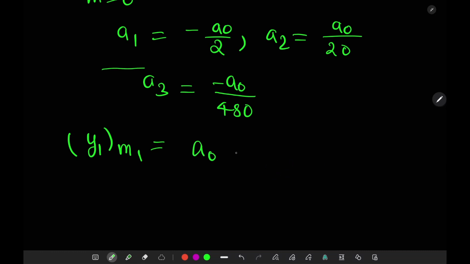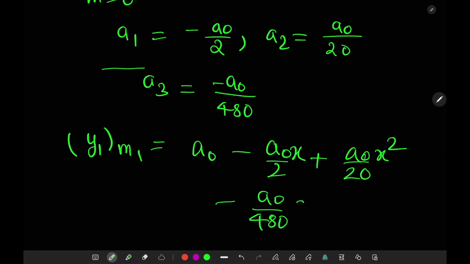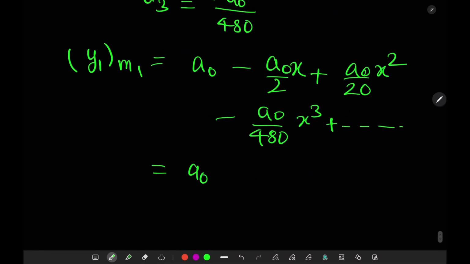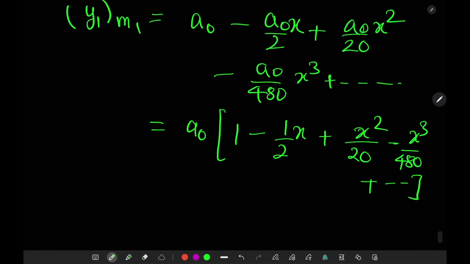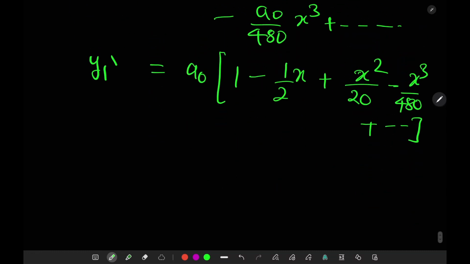So first of all we write a naught minus a naught by 2 plus a naught by 20 x square plus minus a naught by 480 x cube and so on. So taking a naught common, we can write here this. This is the value of y1 for the value of m1 equal to 0.